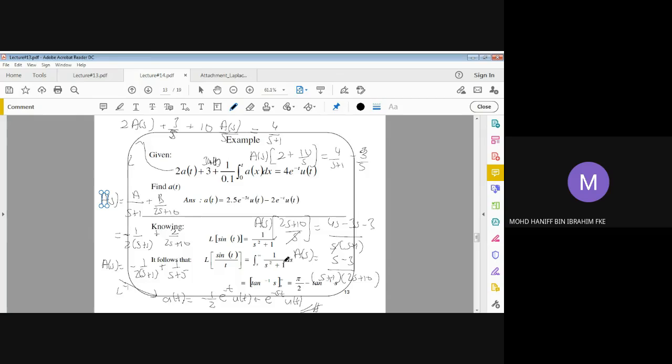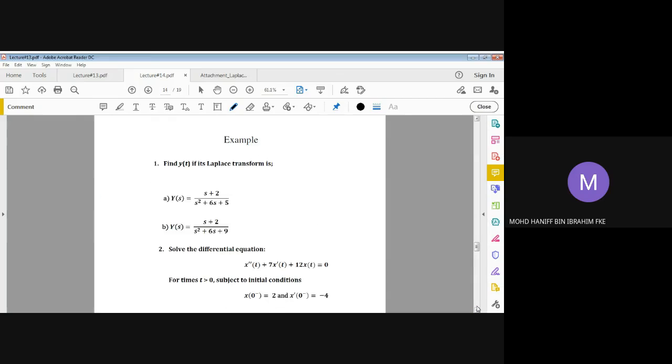Any questions on these properties of differentiation? Okay, there's no questions. I think we can proceed.